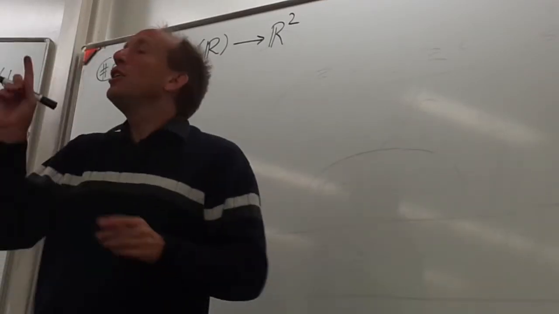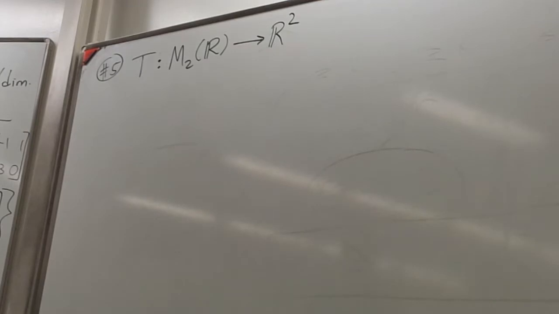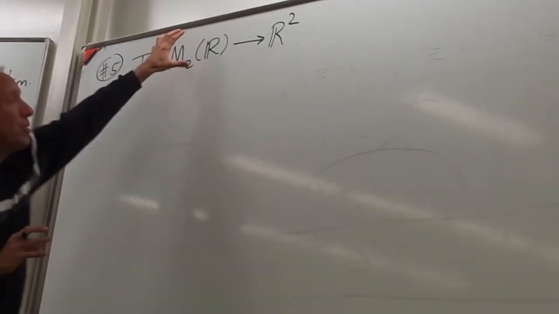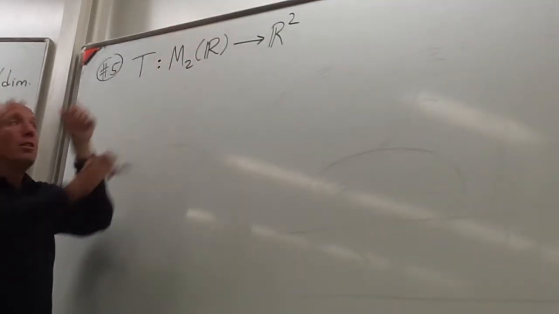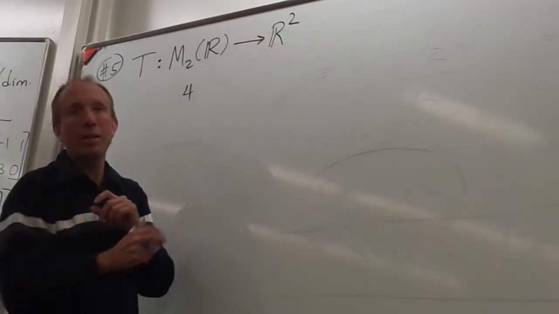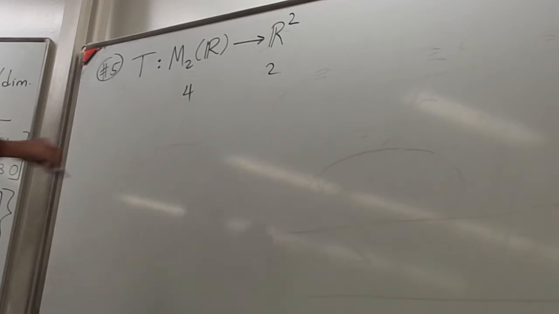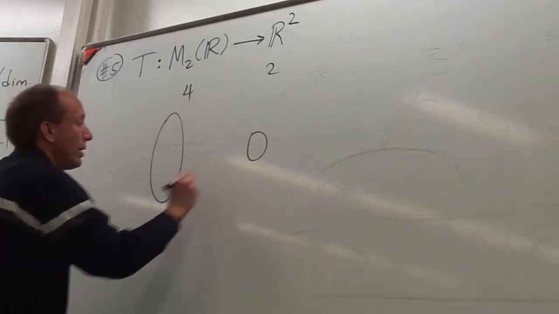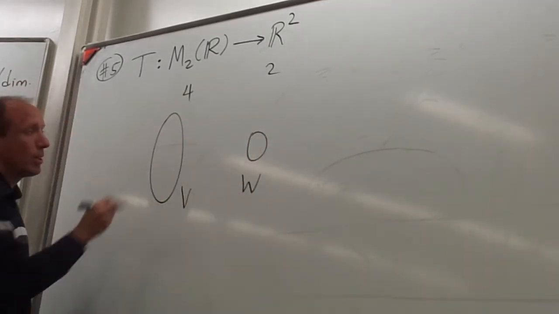Okay. You know what? Let's find the dimensions of our spaces. This is always helpful. What's the dimension of M2 of R? Remember, the dimension of the n by n matrices is always n squared, right? So 2 squared. And what's the dimension of R2? 2. So V, the input space, is bigger than W. These pictures sometimes help me visualize it, right?